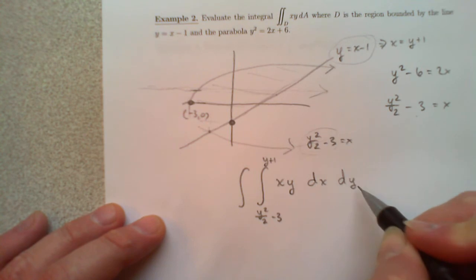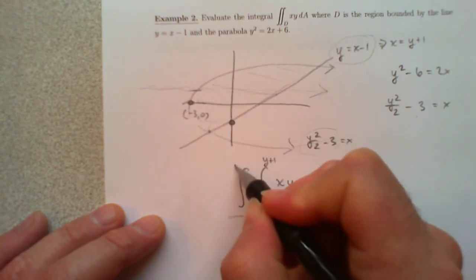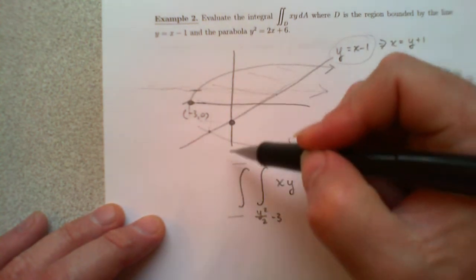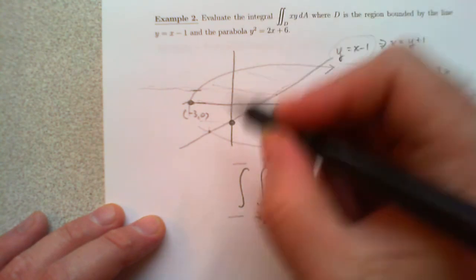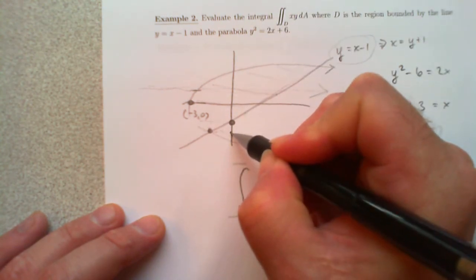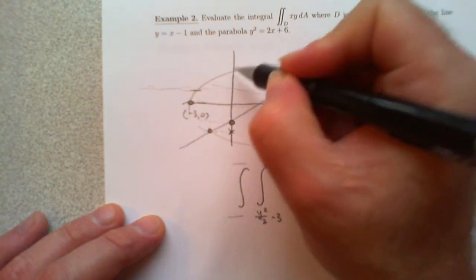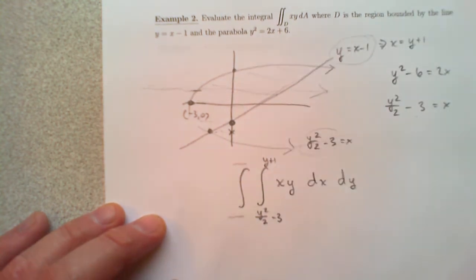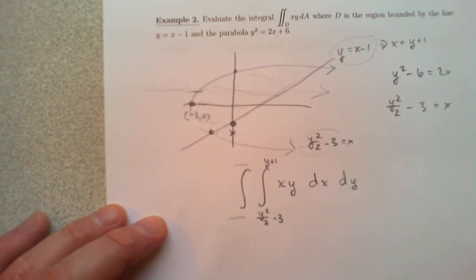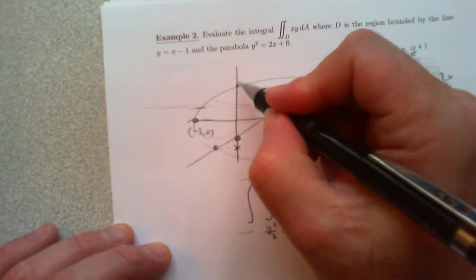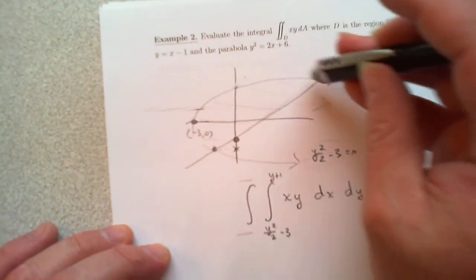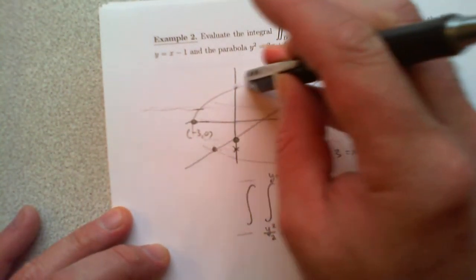Now I want to figure out what my limits of integration are with respect to y. How far do I go on this y-axis? I need to figure out what this point is, and what that point right there is. Actually, it shouldn't say that point, because the way this picture is drawn, most likely this does not go like that.